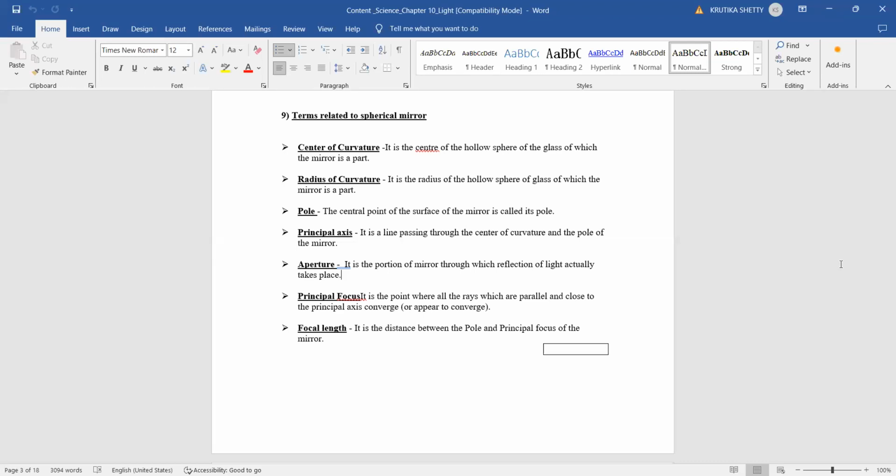Okay. So next, what they are explaining, one activity is there in your book, that is to study the image formation by the convex mirror. So you need to take a convex mirror and candle, matchbox, and one screen to see the image on that. Okay, so that activity no need to explain, no? Or you want it?